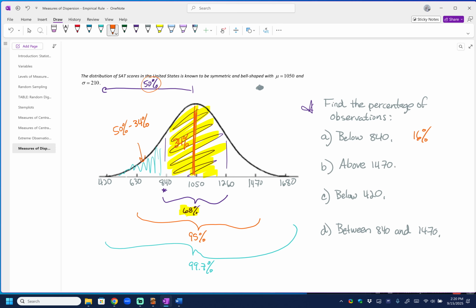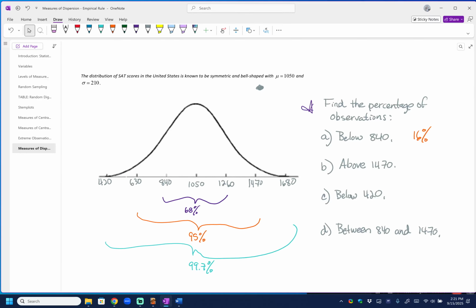Okay, so I reset the curve so we can use it again in order to find our letter B, which is above 1470. So if you look at 1470, that is associated basically with our 95% right here. So if we were to go 2 standard deviations each way and we highlight this entire thing, then this represents 95% of the curve. But we only want above that, which is this all the way this way.